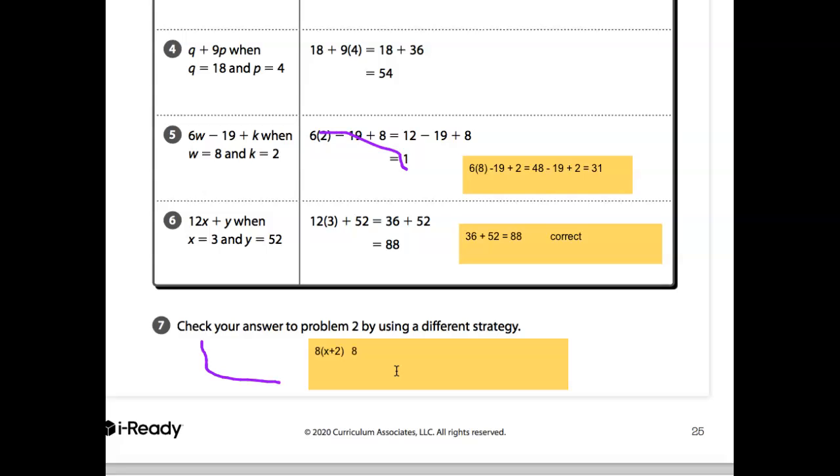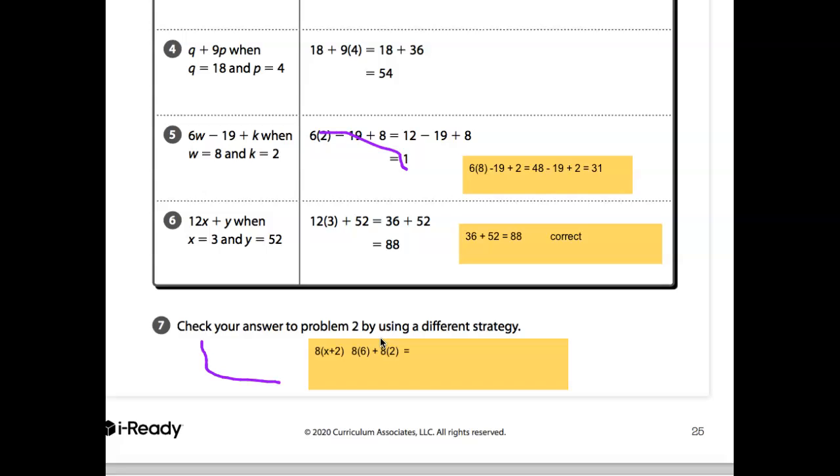Okay, so we can do 8 times 6, plus, oops, I didn't put the other parentheses here, plus 8 times 2, and then we get the same answer.